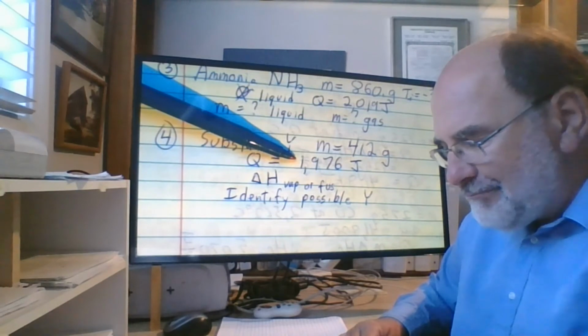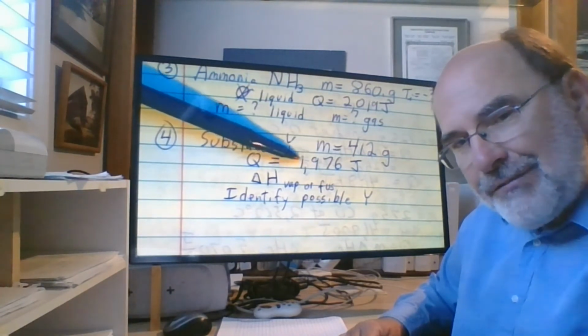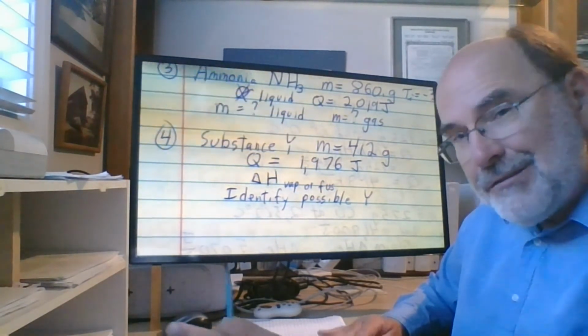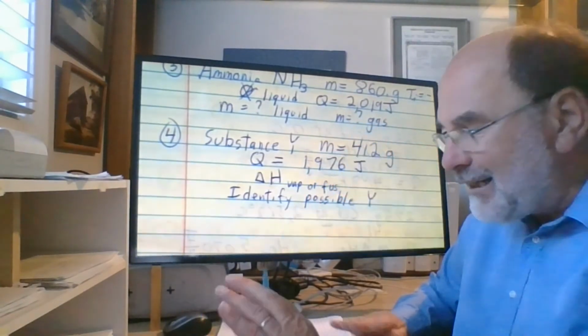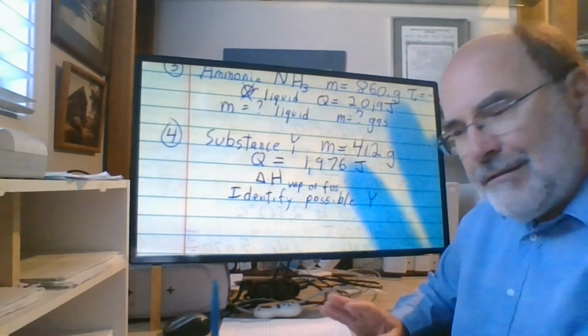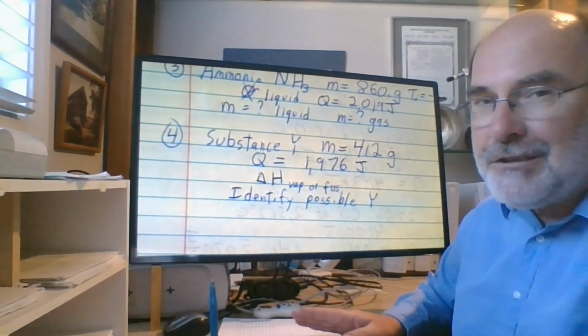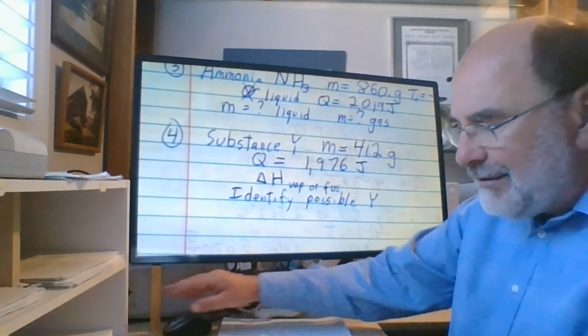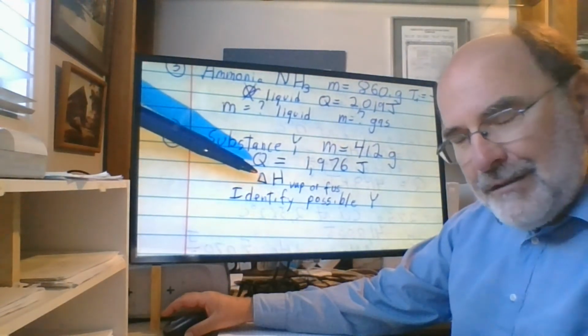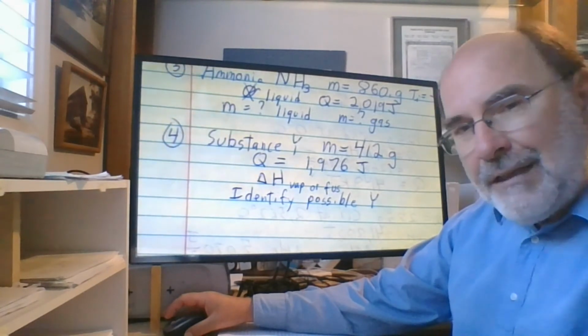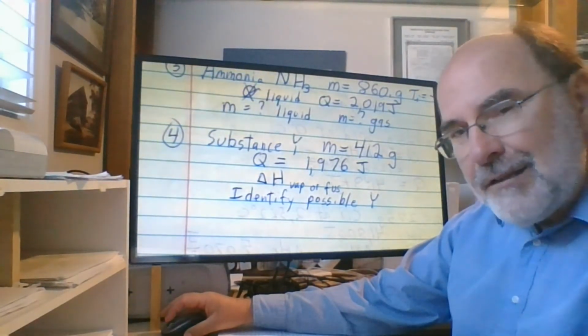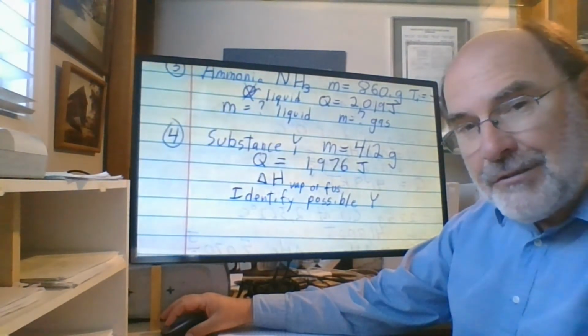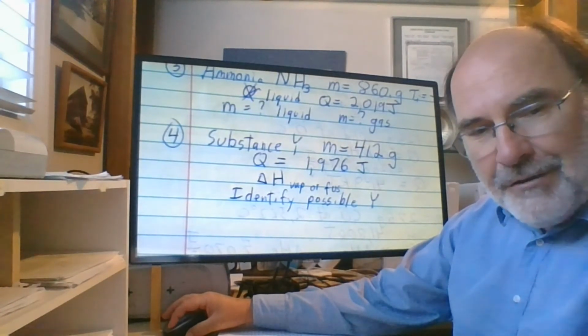I apply heat energy of 1976 joules, and as a result, it changes state. Not even told, is it solid to liquid, liquid to gas? I don't know. I was just told it changes state. Calculate what is its heat of whatever it is, and which out of the last two columns is the number that comes closest to this result. All right, pause, calculate.